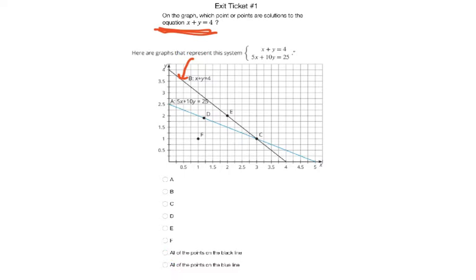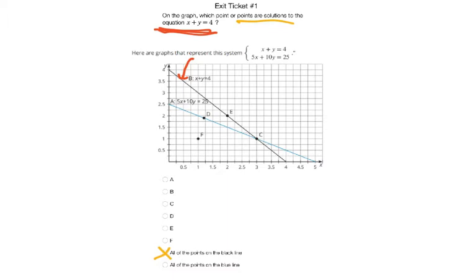So I'm going to correct myself here, and I really didn't read this very well at all. If I'm looking at the black line, because that is the line that represents the equation x plus y is equal to 4, and I am looking for what are the solutions to the equation, it's all the points on the black line.